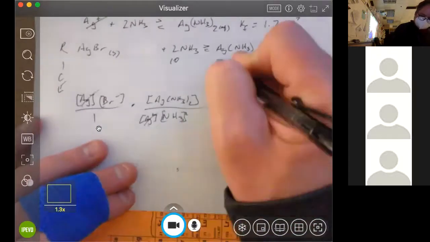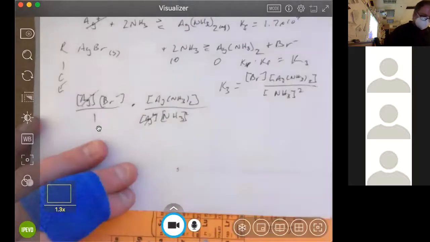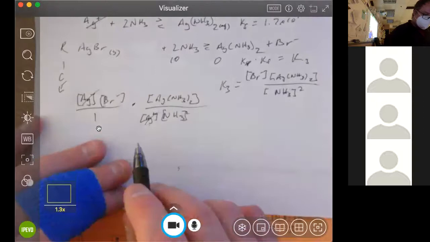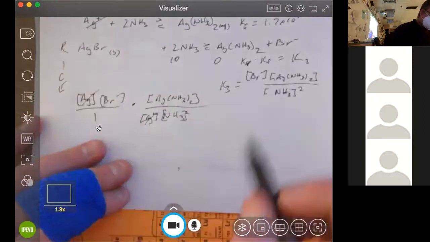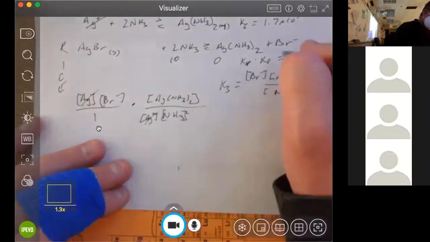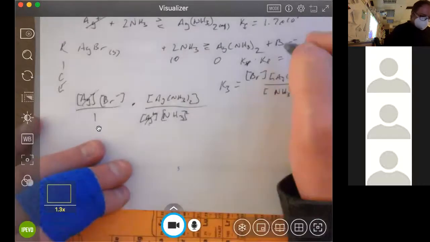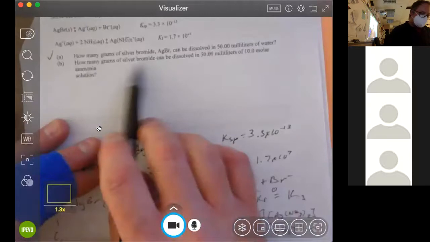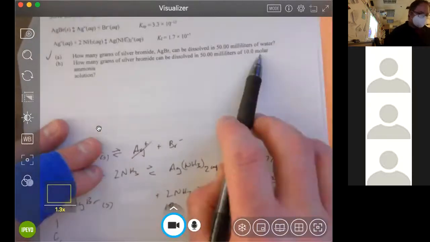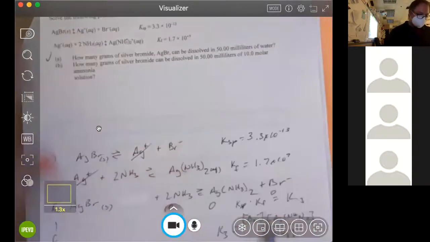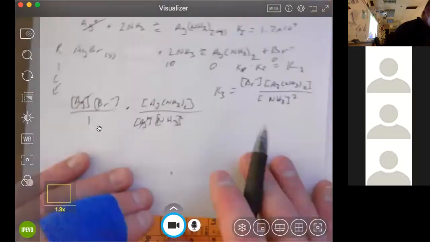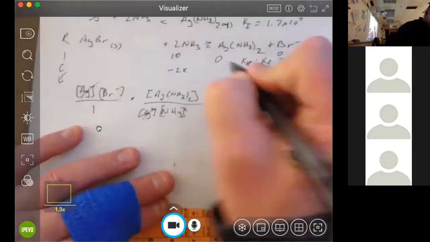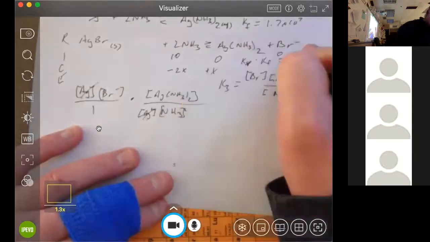We've got 0. And we don't care about this one, right? And the Br, we've got 0 because again, we are adding grams of silver bromide to this solution of NH3. So what's going to happen? We are going to minus 2x, plus x, and plus x.